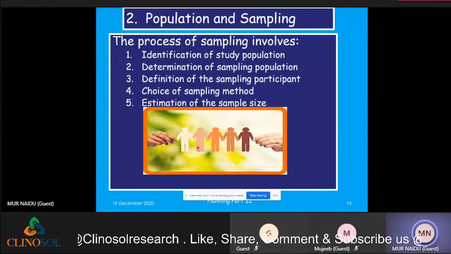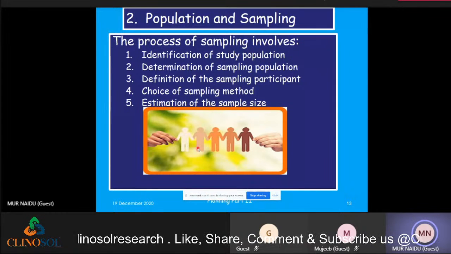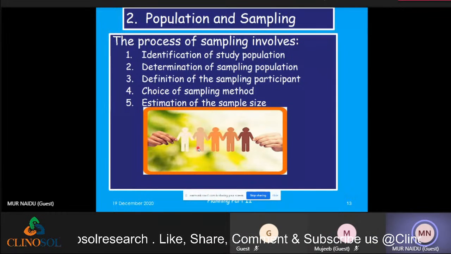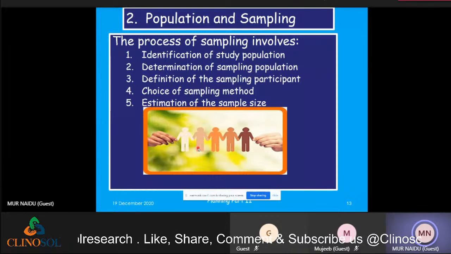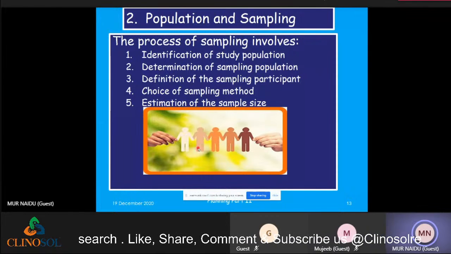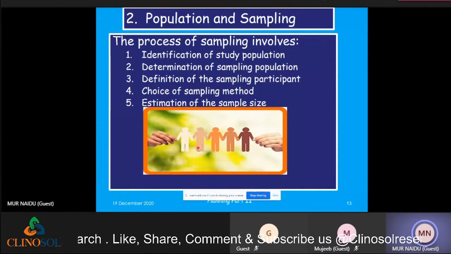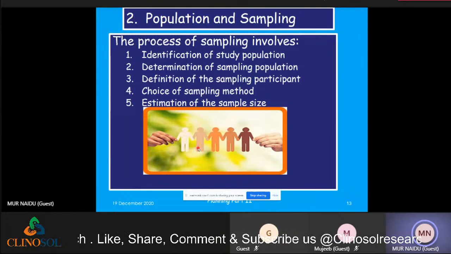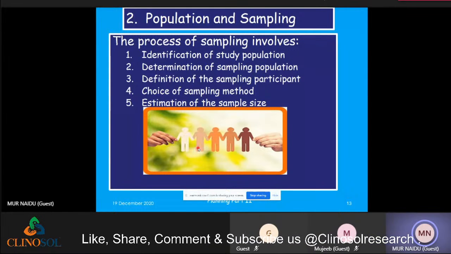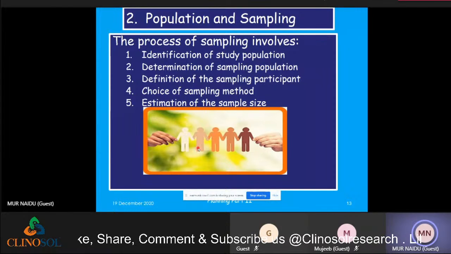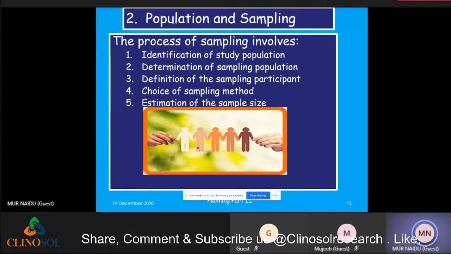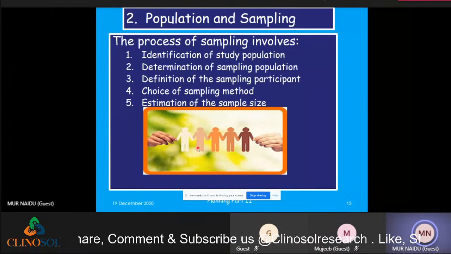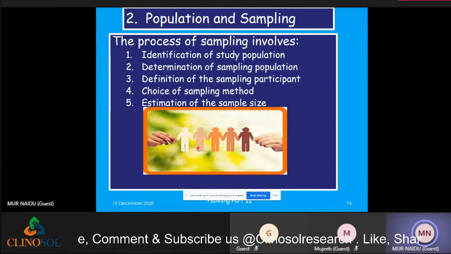How many patients do you want to take into the study in each group? There is nothing like a magic number. You have to clearly know that the total number of patients required for my trial will be this much. How many have to complete, how many dropouts will be there, what is the correct sample size, what statistics you are going to apply.